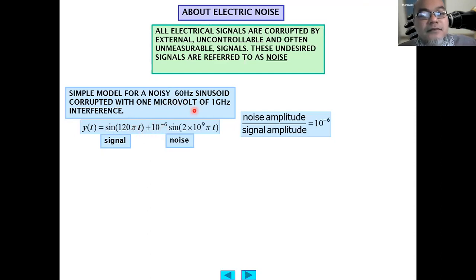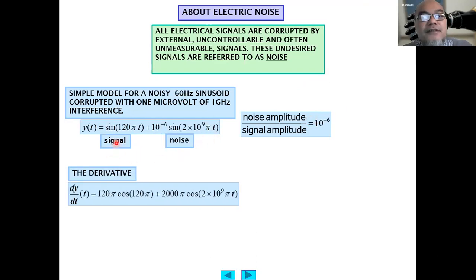Plus the noise, which is 1 microvolt amplitude, 10 to the power of minus 6, times sin of 2 times 1 gigahertz times pi times t. So the noise to signal ratio is the noise amplitude divided by the signal amplitude, 10 to the power of minus 6 divided by 1, equals 10 to the power of minus 6, or 1 micro.